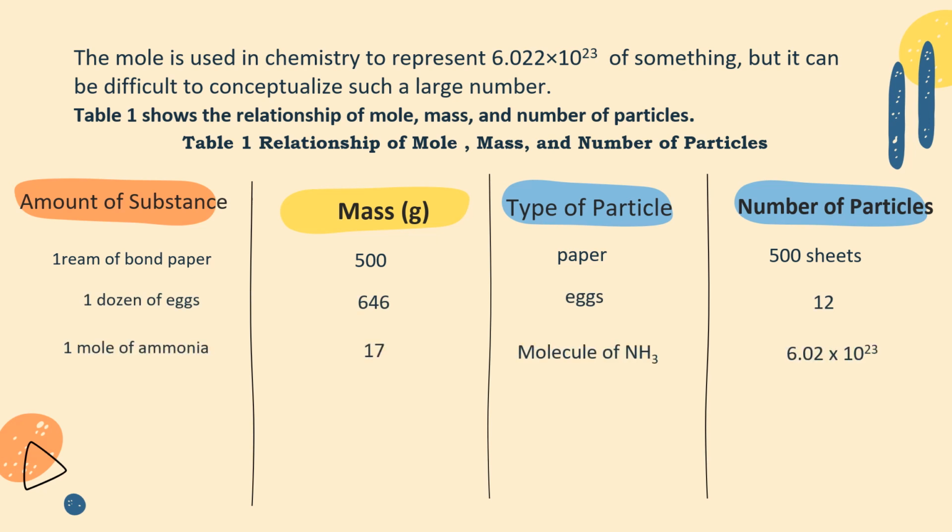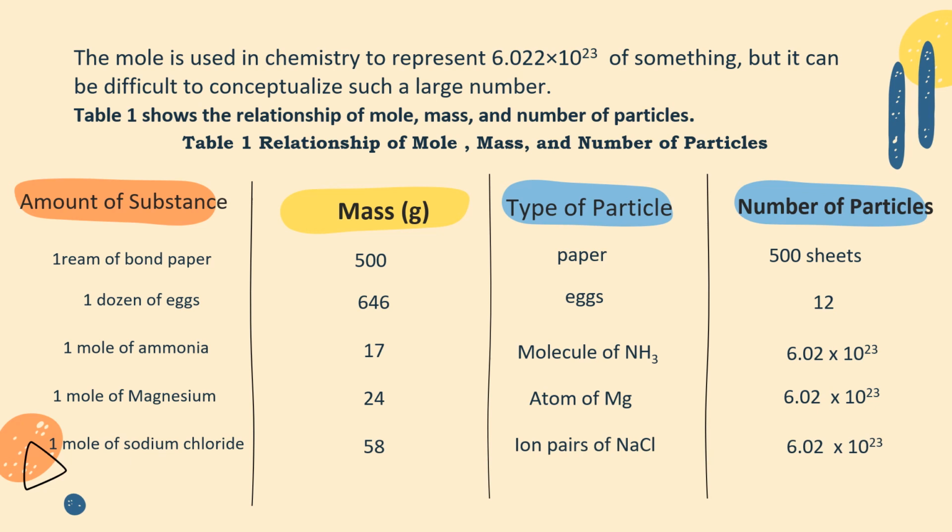In a ream of bond paper, it is equivalent to 500 sheets. A dozen of eggs is equivalent to 12 pieces. A mole of ammonia, a mole of magnesium, and a mole of sodium chloride all have the same number of particles, which is 6.02 times 10 to the 23rd.